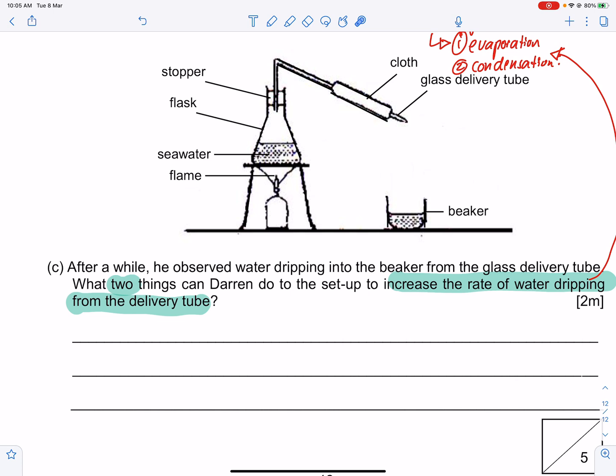You told me the reason, but you never tell me what to do. So again, you all tell me, make the temperature higher. You cannot do that. If you want to say that, an example would be increase the number of heat sources, or you can say make the flame bigger.